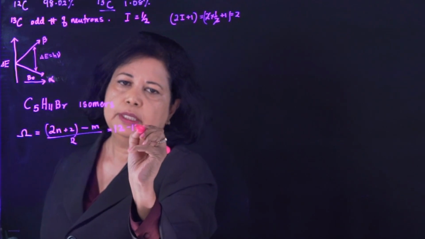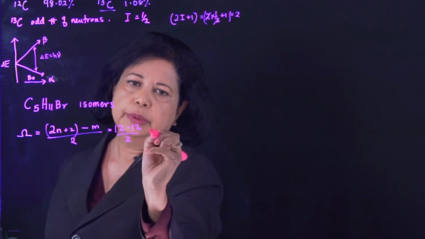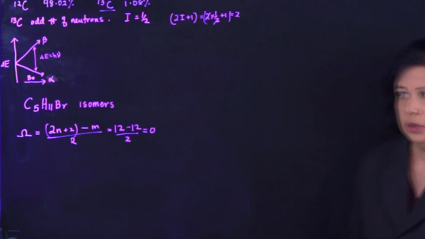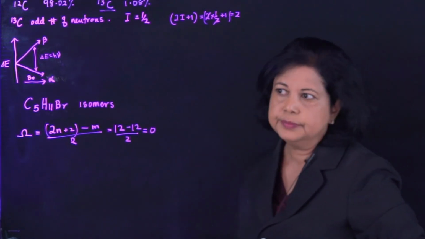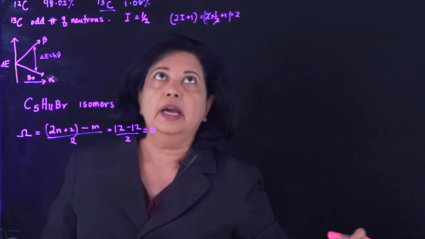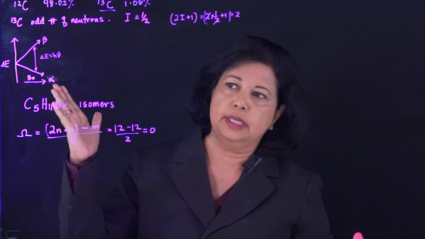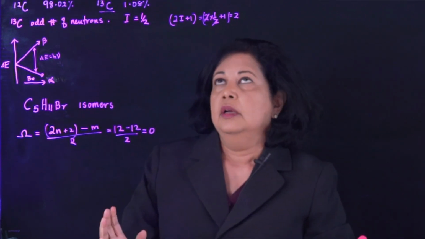So that is going to be 12 divided by 2. That is 0. So these are saturated compounds. That means there's no double bonds or rings. Next, what are the possible isomers for this 5 carbon structure when it's saturated with a bromine?